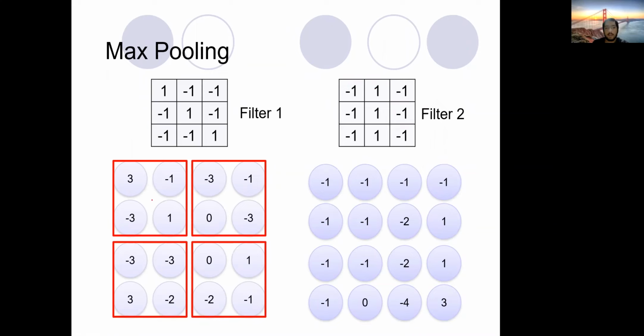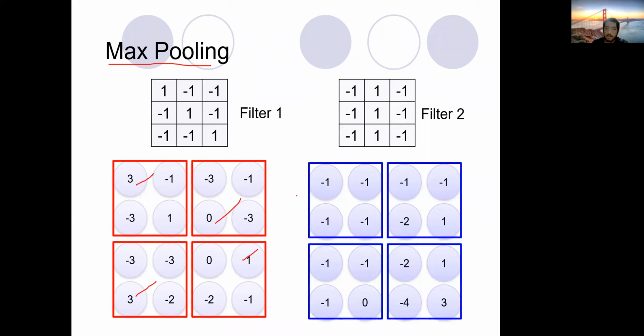What we get by performing max pooling is that it calculates the maximum value from each of these. We know the maximum value from this would be 3, from this it would be 0, from this it would be 1, and from this it would be 3, right? And what we essentially do is get a smaller image from that.